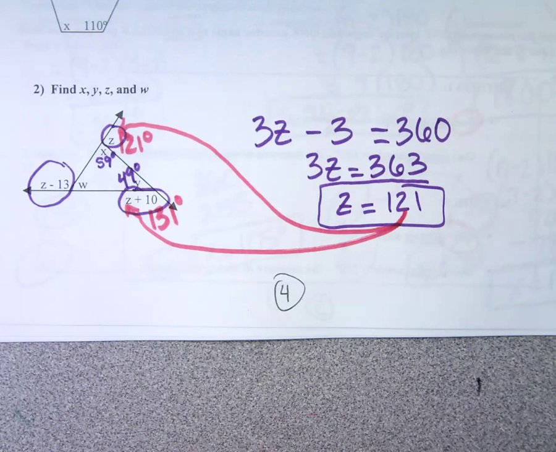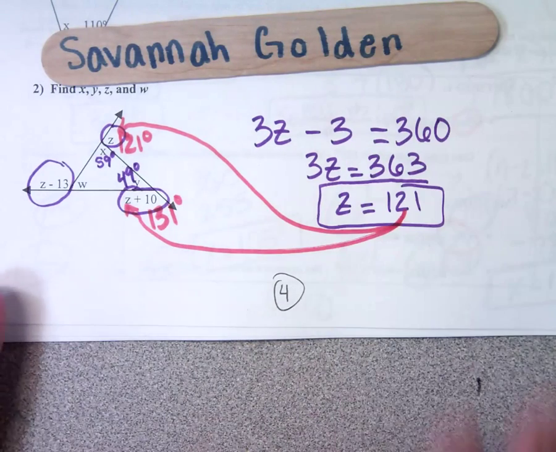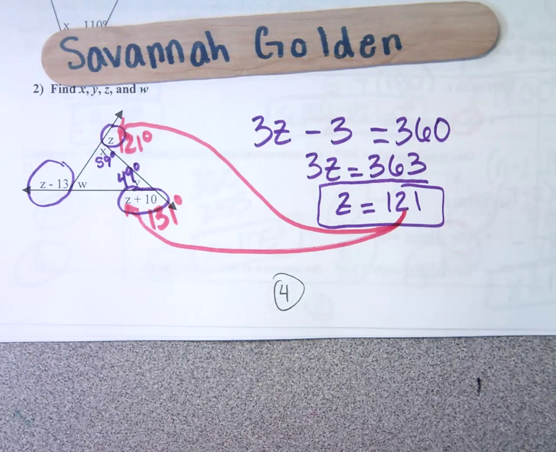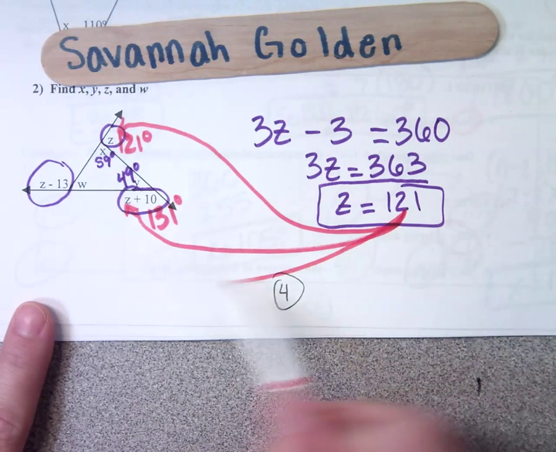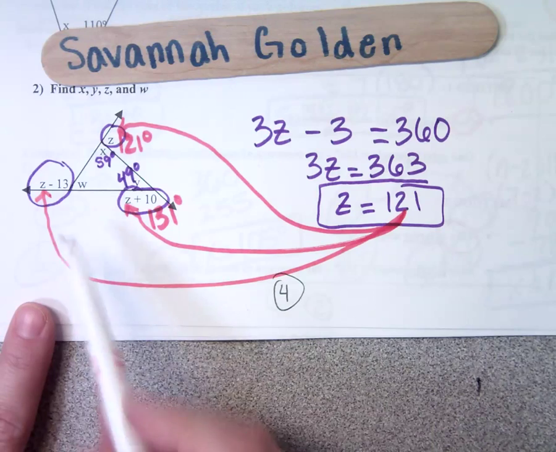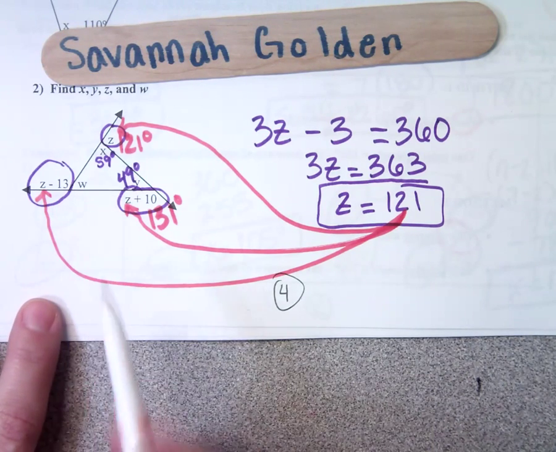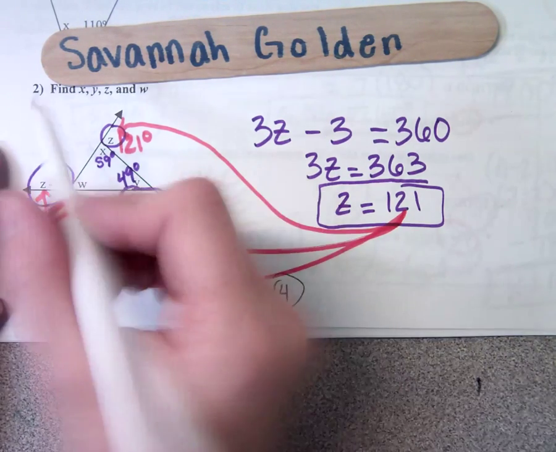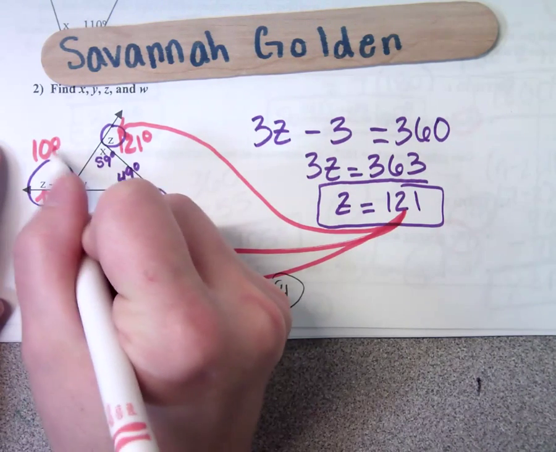Does that mean you're not going to do it? I've already got it done. Oh, good. Do you want to see my paper? No. Savannah, what'd you get? You just write an answer on her paper, so... 72, are you sure? Yeah. Well, when we plug the 121 into the z, what's 121 minus 13? 108.